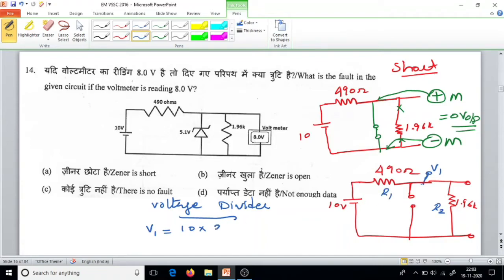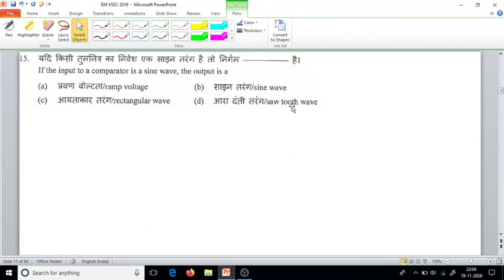R2 equals 2K, I will take it, divided by 2 plus 0.5K. So it equals 10 times 2 divided by 2.5. It comes to 8 volt. So this is correct. The answer is sensor is open. Option B.